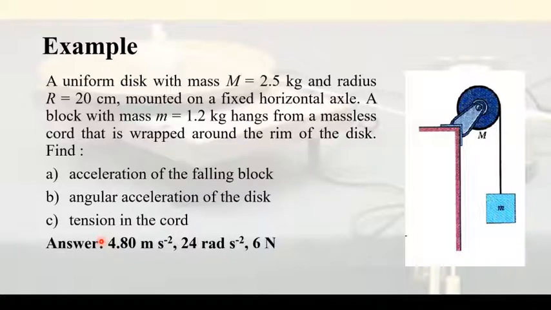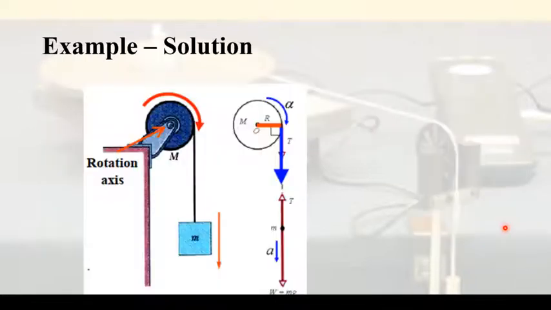You have two different motions, keep that in your mind, one rotational and one linear. So now we want to sketch a simple diagram for each of them first. If you look at the question again, there are two objects. Object 1 is the disc. Object 2 is the block. So we are going to need two diagrams for this question.